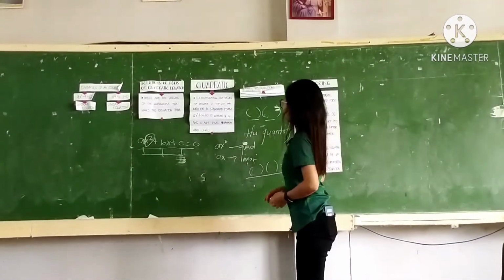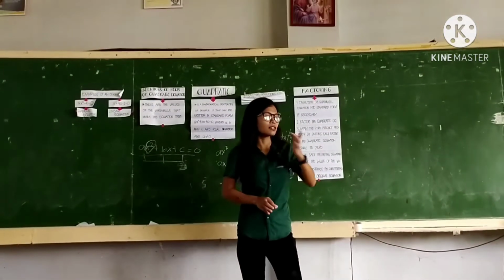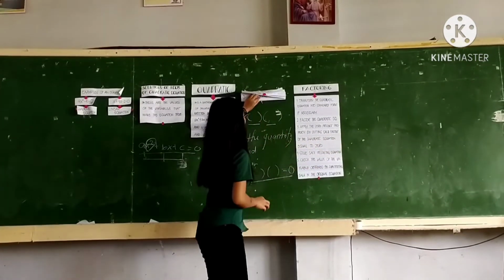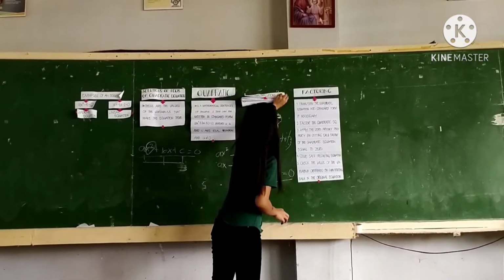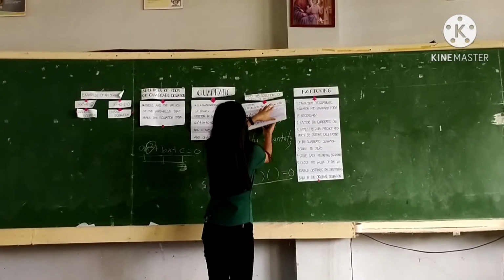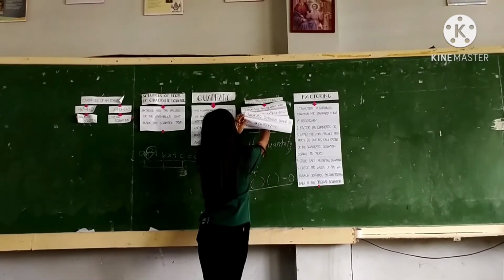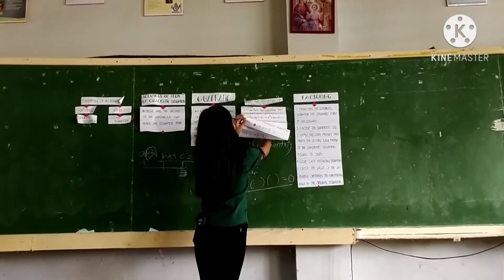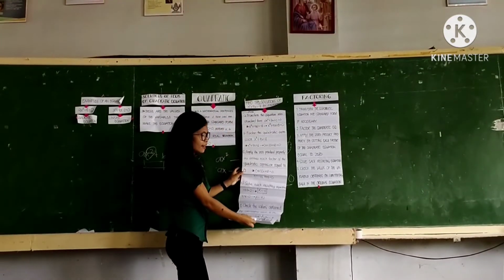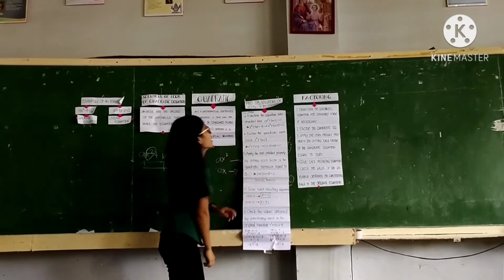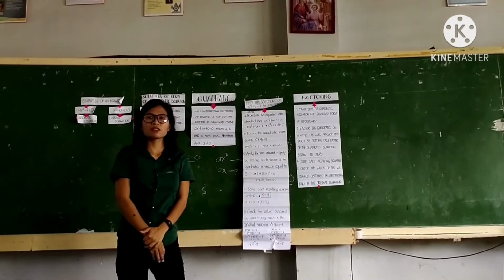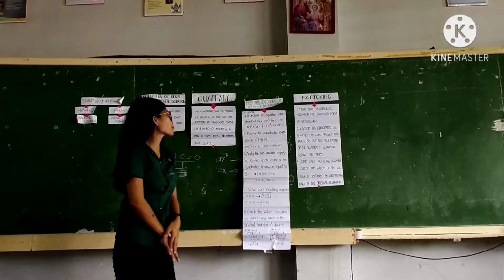So let's now practice and apply the steps. We have the equation x squared plus 9x is equal to negative 8. Let's solve it by factoring.